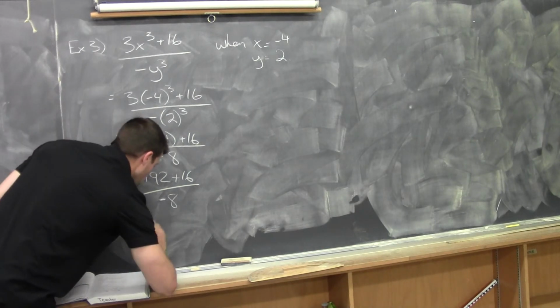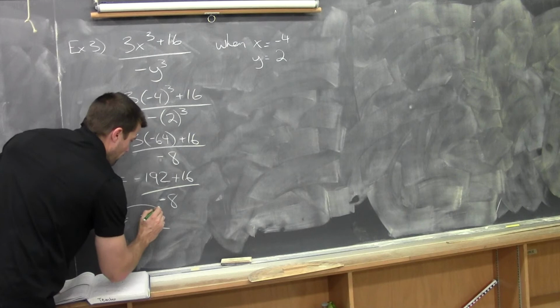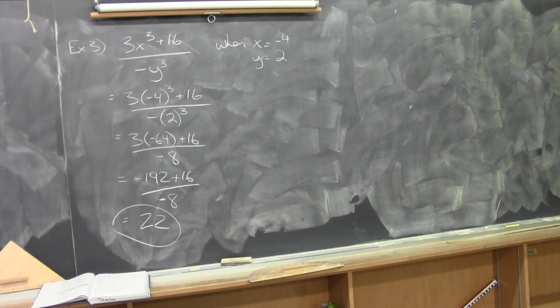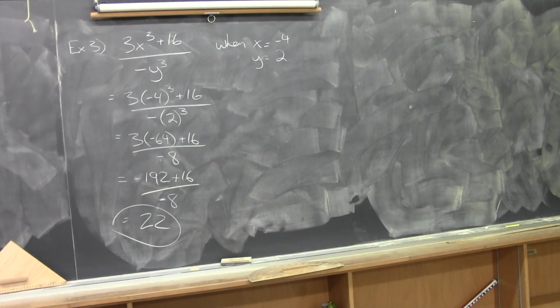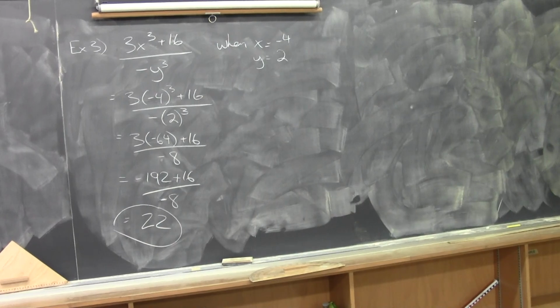It's 22, right? Any questions? Okay, I expect this homework to go pretty quickly. That's it. So the main things that we learned today, again, have this written down in your textbook, refer back to it if needed.